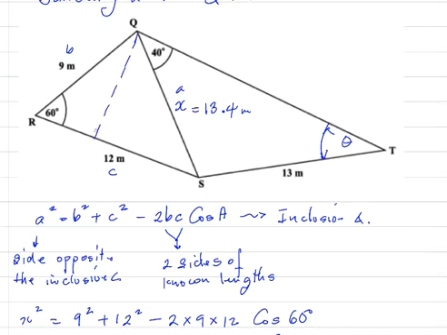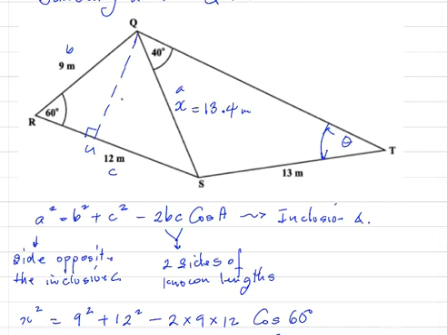I'm going to say that this line is at right angles to RS. Let's call this point U. So QU is at right angles to RS, therefore the length of QU would be the perpendicular distance from Q to RS.